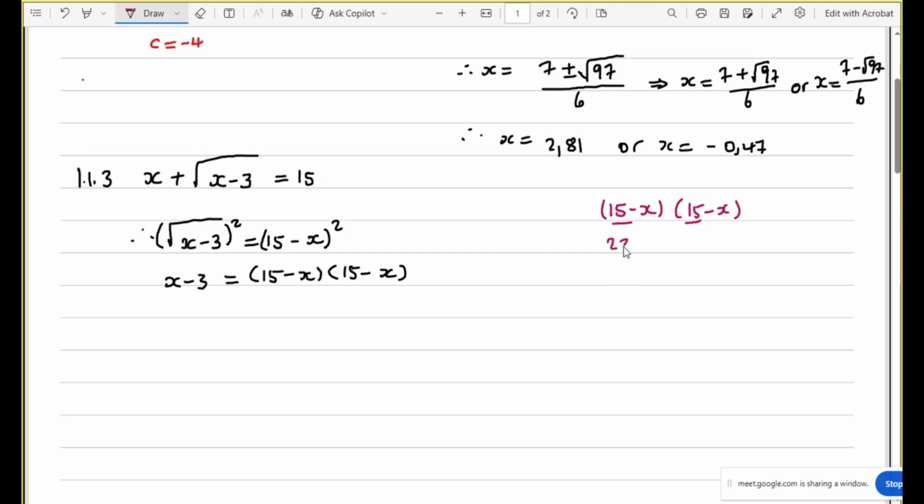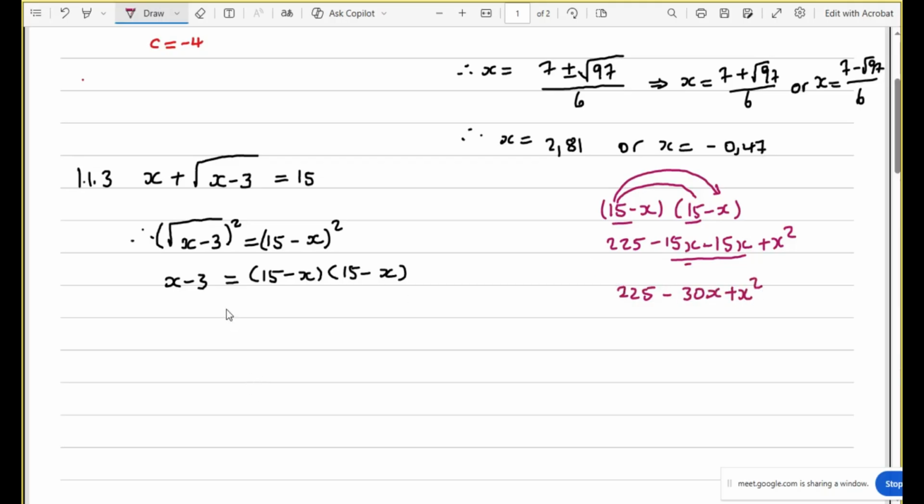Then 15 times minus x. We multiply everything inside the second bracket by 15. This will give us minus 15x. Now we do the same with minus x. This will also be minus 15x plus x squared. So when you add the like terms, this is just 225 minus 30x plus x squared.